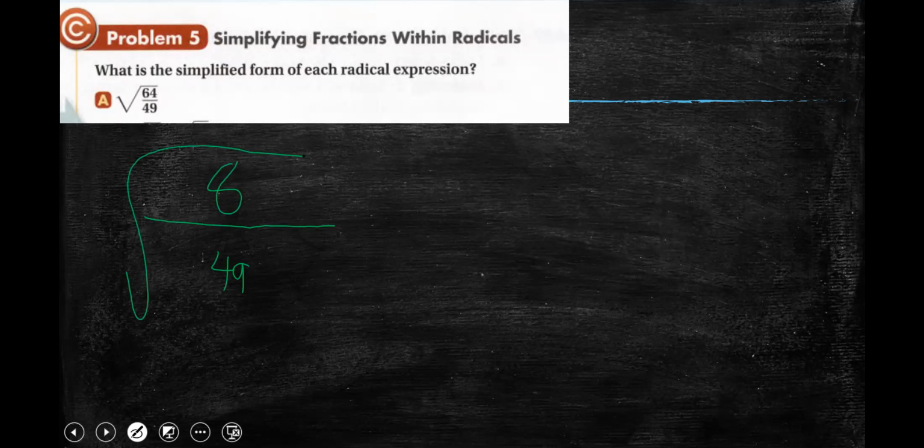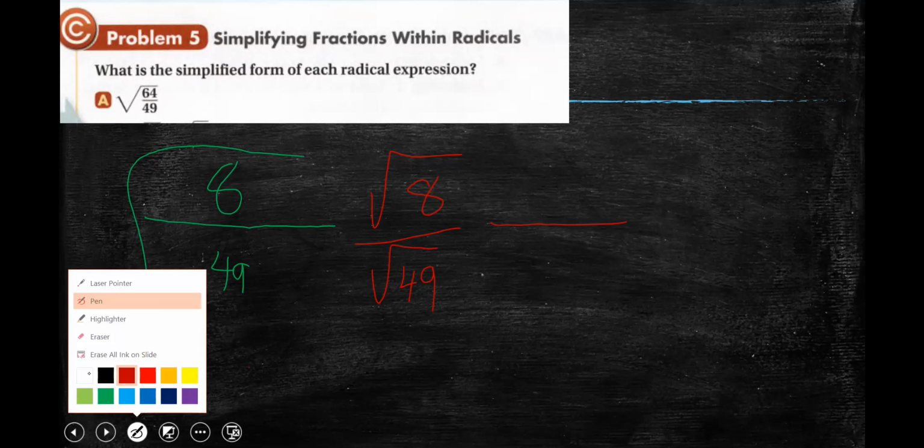Okay. For this one here, we say that we have to distribute the square root for the numerator and for the denominator. Now for the denominator, it's easy. It's a perfect square number. So what is the square root of 49? 7. 7, exactly.